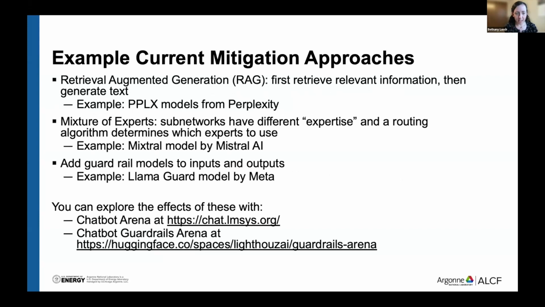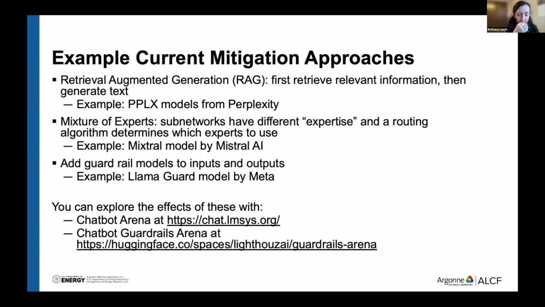And one last slide before our guest speaker. So some example ways that people are mitigating these problems. One is retrieval augmented generation, where you retrieve relevant information, then generate text. One is mixture of experts. You can have pieces, subnetworks with different expertise, and an algorithm decides which part to use for a particular prompt.